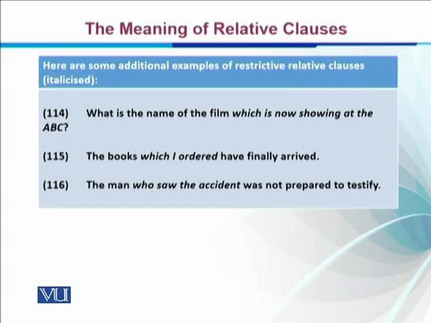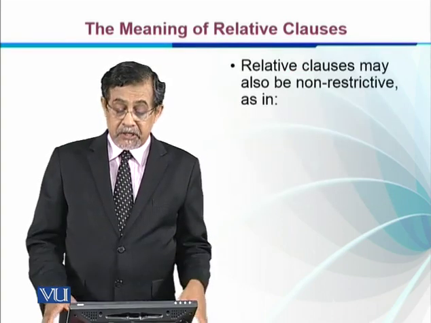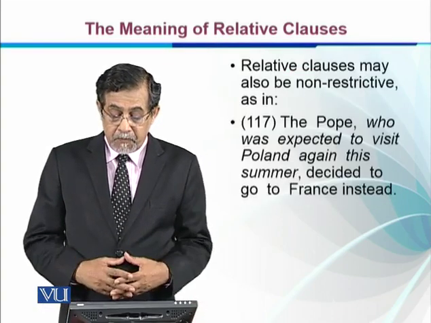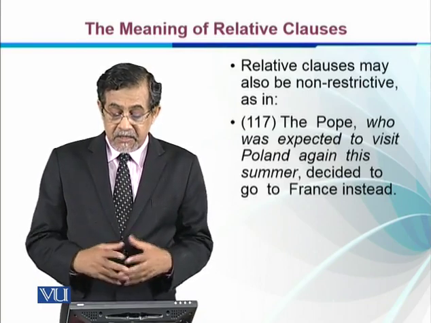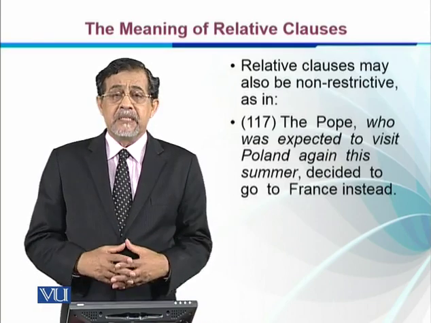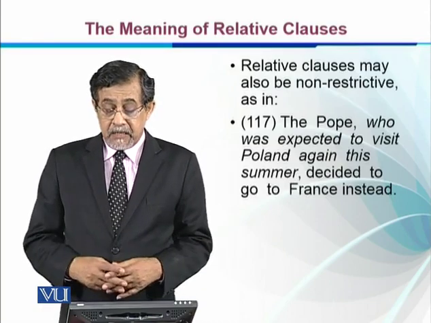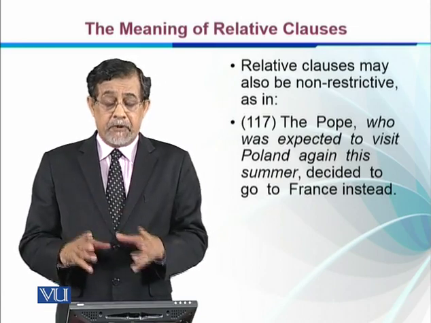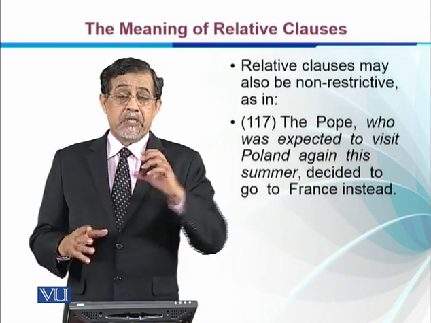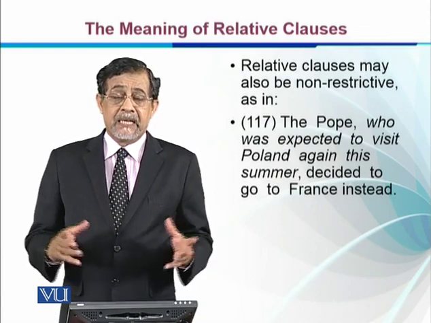Relative clauses may also be non-restrictive, as for example, the Pope, who was expected to visit Poland again this summer, decided to go to France instead. If you look at this, the Pope is the referent of the relative clause, which is very clear. It does not need any clarity.